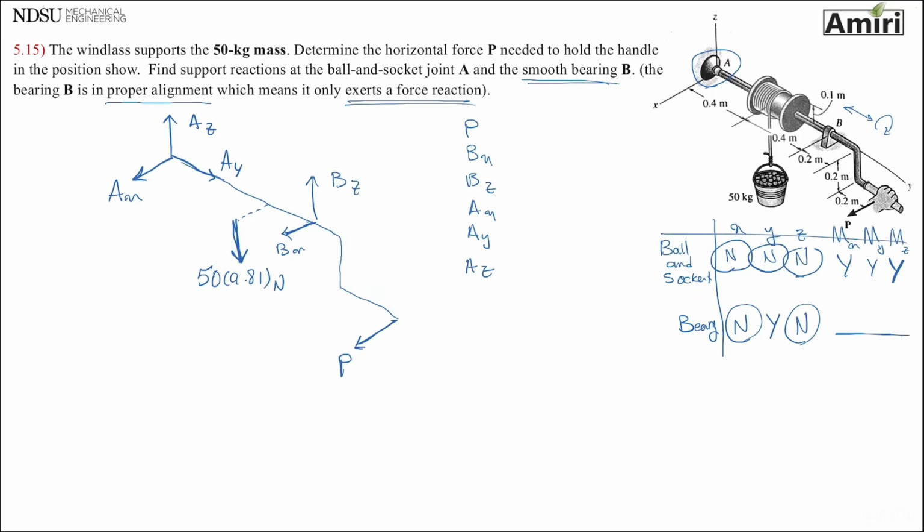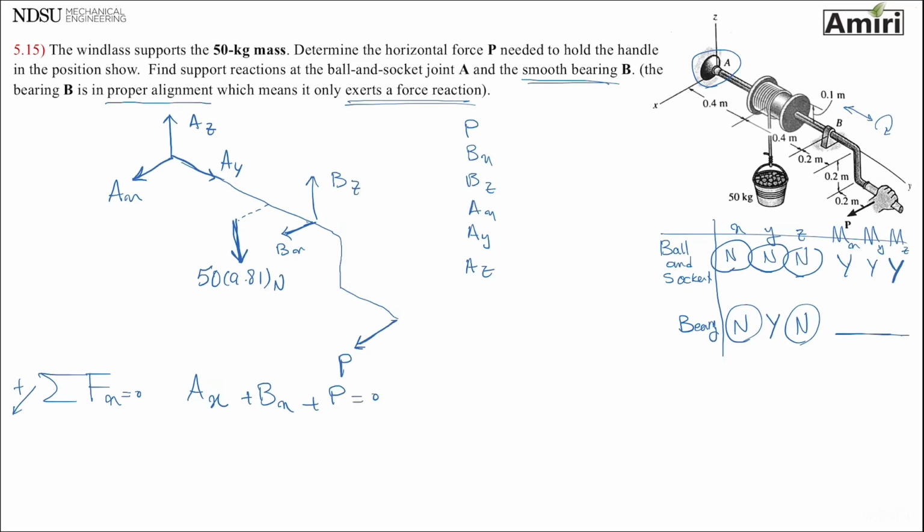This is one of those cases that all of the forces are parallel to X or Y or Z. So it's easier if I just use sigma Fx equals 0, summation of forces in X direction. Anything that points this way is going to be positive. So let's just start from one side and make sure we don't miss anything. AX, keep moving. BX, keep moving.